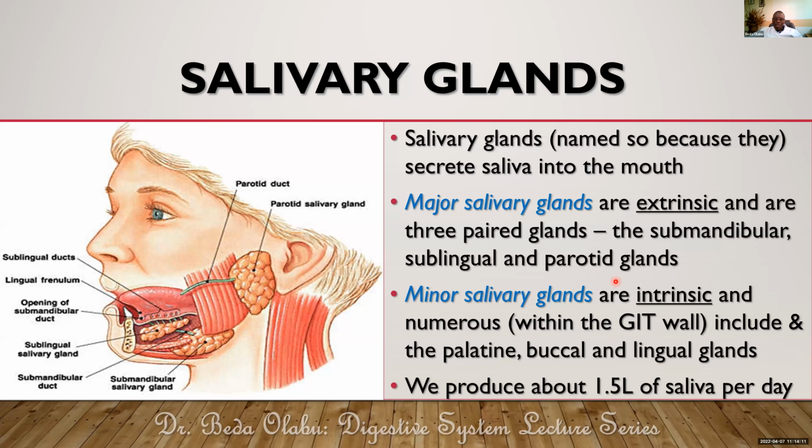Now, in general, whether from major or from minor salivary glands, we produce about 1.5 liters of saliva per day. Of course, that would vary depending on a number of circumstances, but that is in general.